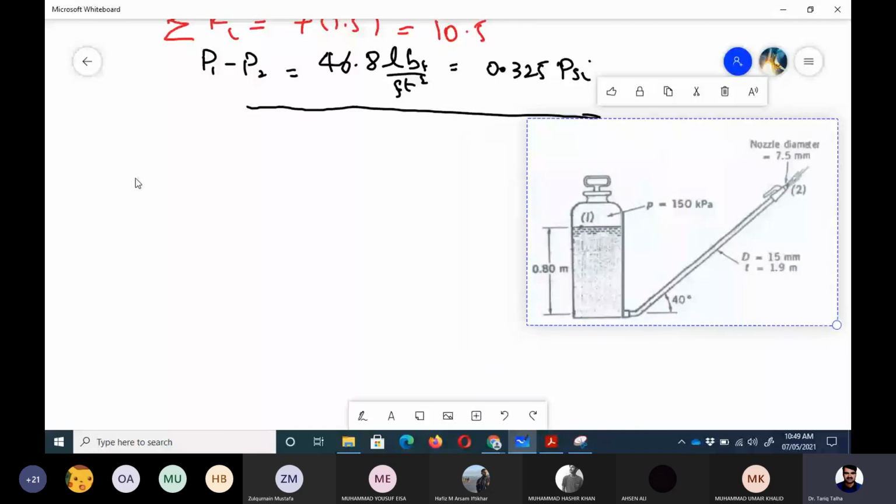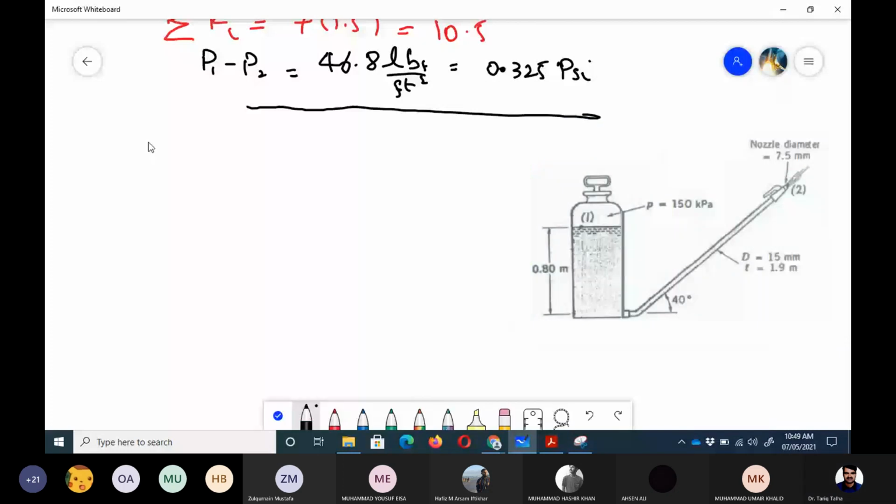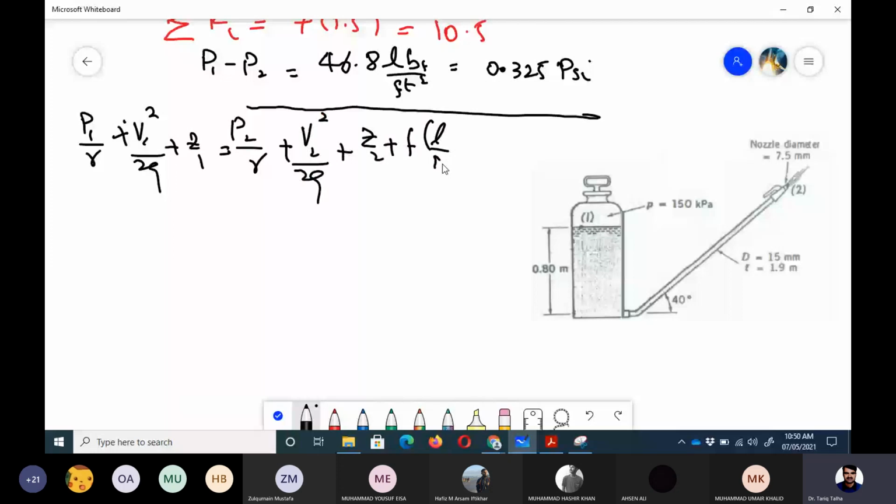That is kind of the first step we do in these kinds of problems. So P1 upon gamma plus V1 square upon 2g plus Z1 is equal to P2 upon gamma plus V2 square upon 2g plus Z2 plus fL upon D V square upon 2g plus summation of KL V square upon 2g.